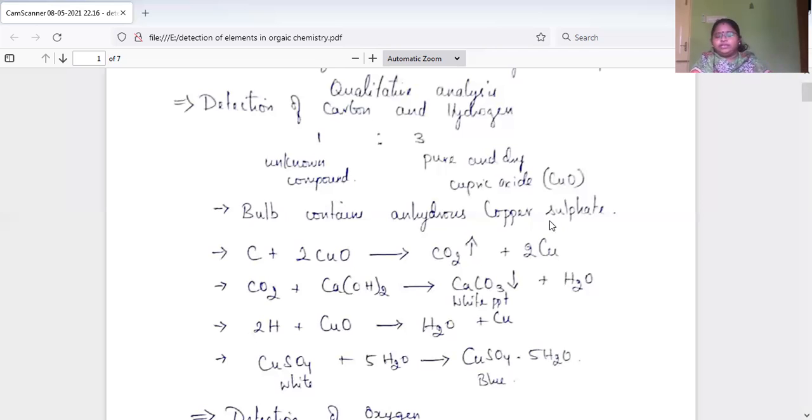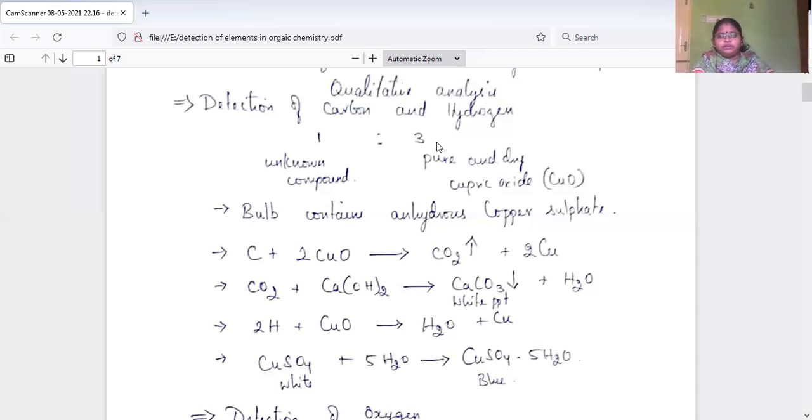If you keep it in the atmospheric air for some time, it absorbs moisture from the air and becomes liquid. But over here, hygroscopic means it will absorb moisture, but it will not become liquid, right? Okay. So we need dry cupric oxide. So we have to heat it to remove all the water from it, and we use the anhydrous cupric oxide here. Okay. So 1:3 ratio we have to take.